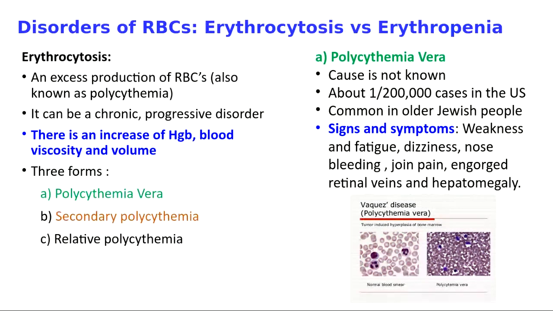It is an actual disease, and it is more common in Jewish people than anybody else. And even though these patients have a lot of cells, a lot of white blood cells, red blood cells, and platelets, they present the signs and symptoms of anemia. They have weakness and fatigue and joint pain. They feel sick because they have too many of everything.